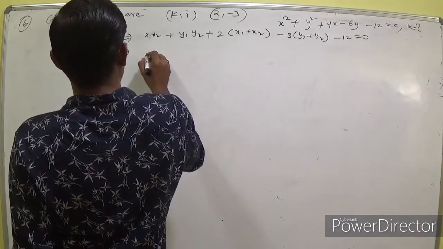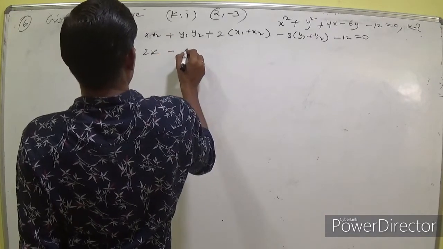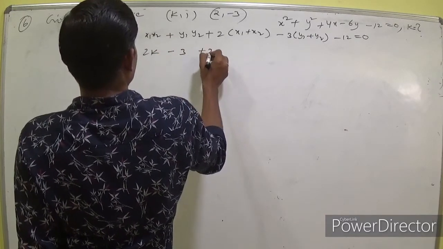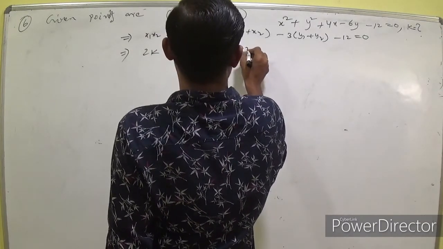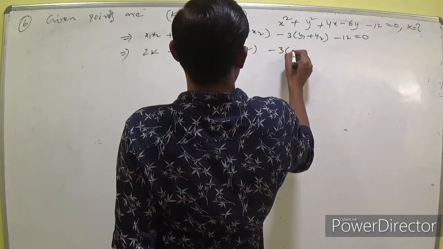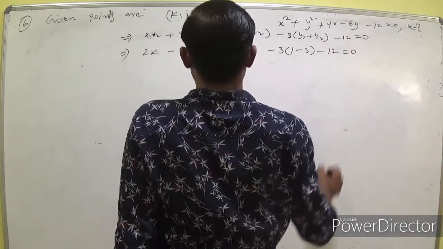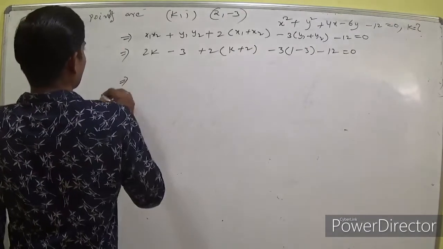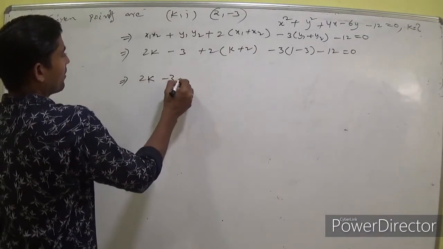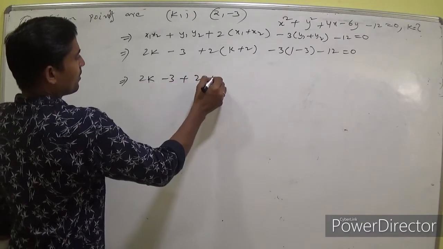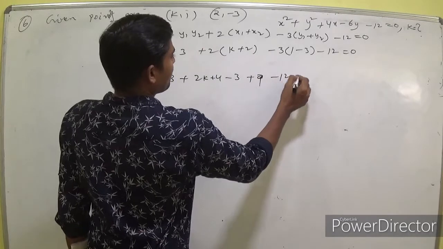This implies 2k minus 3 plus 2k plus 4 minus 3 plus 9 minus 12 equal to 0.